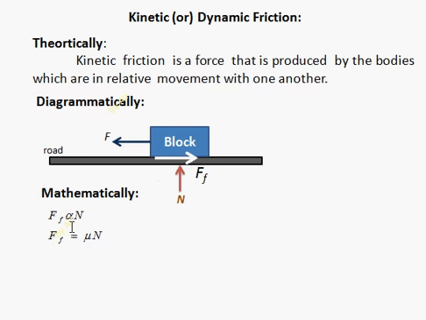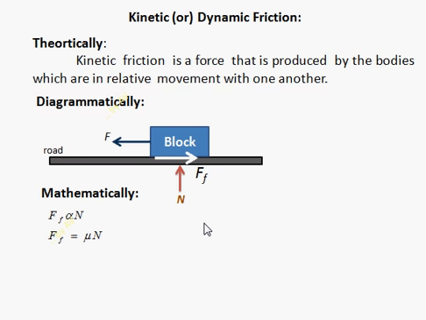Hence we can write the frictional force is proportional to normal force. And removing this proportionality, we can write it with a proportionality constant, which is mu. Here mu is nothing but the coefficient of friction. Between the block and the road, we will have a coefficient of friction. Suppose the block is moving on a cement road, the coefficient of friction between those two will be a different one.